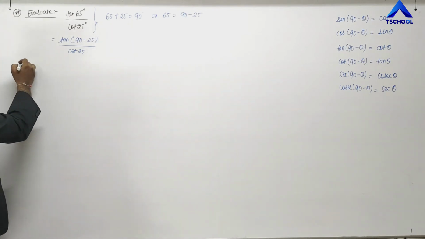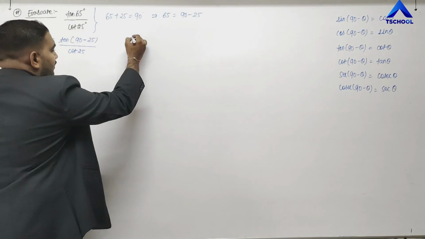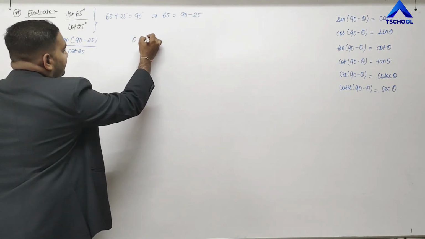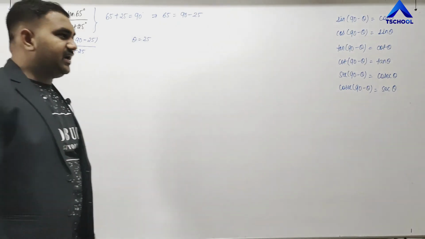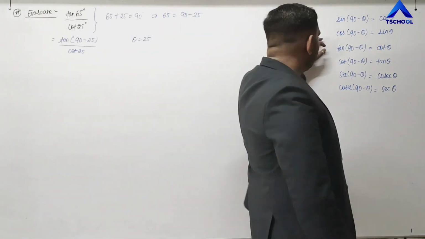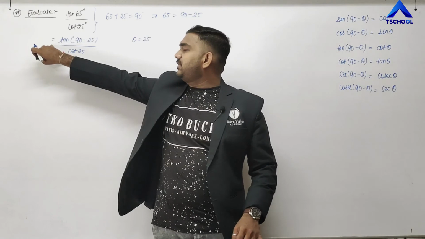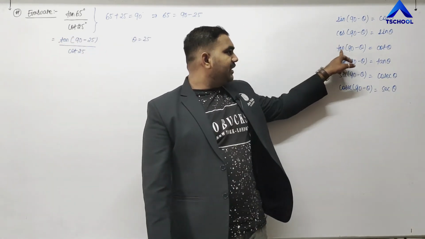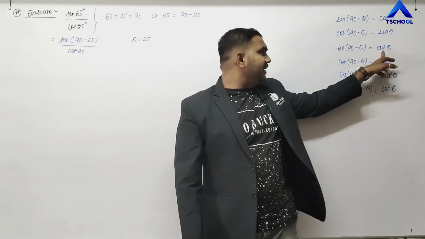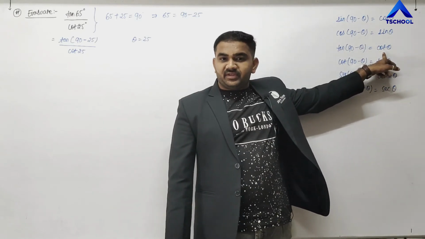Now assume in your mind that your theta is 25. You can check for the similar ratio, tan 90 minus theta. What is tan 90 minus theta? Cot theta.